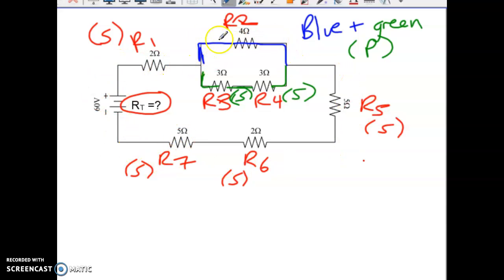The blue path and the green path are parallel to each other. But on the green path, we have two loads that are in series with one another. So 3 and 4 are not in series with 5, 6, 7, and 1. They are in series with only each other. Okay, we're going to continue this in the next part.